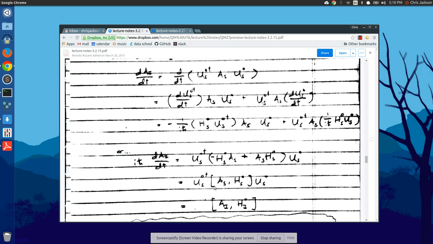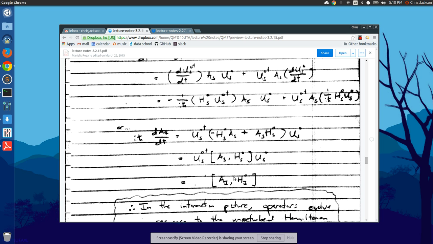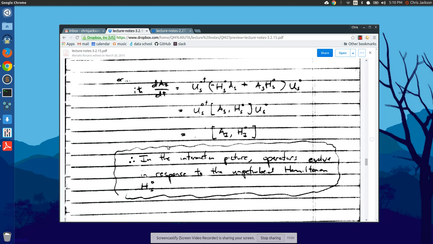But these guys, when you sandwich them between our U_S and our U_S dagger, are nothing but the interaction picture operators, right? So what we find is that in the interaction picture, the time evolution of these operators is just given by a Heisenberg-like equation, right?